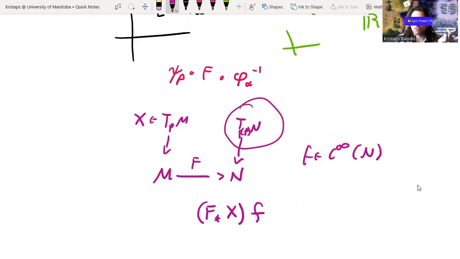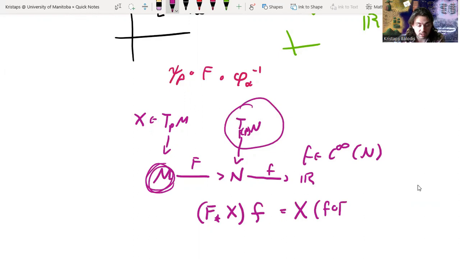Well, what could I do with the data I have here? I know that X itself is a derivation, so probably I should use that somehow. But the problem is that X is a derivation only on smooth functions of M. However, if little f goes from N into the real numbers, and big F goes from big M to big N, that means that the composition f composed with F determines a smooth map from M into the real numbers.